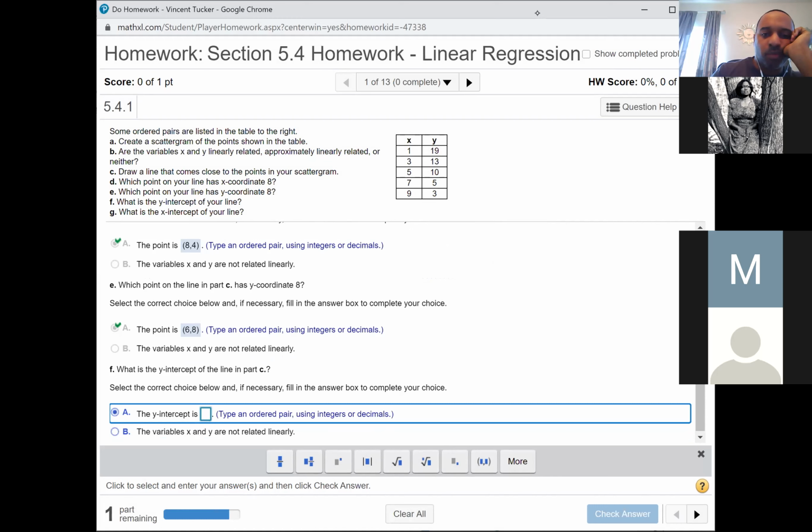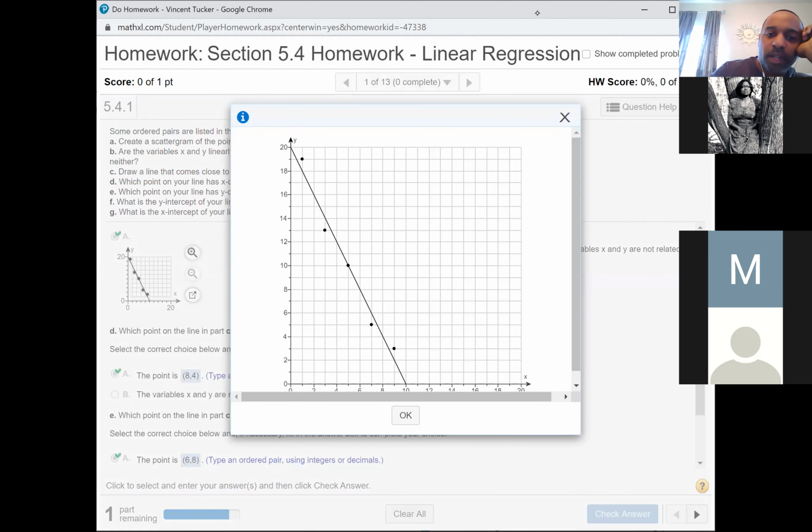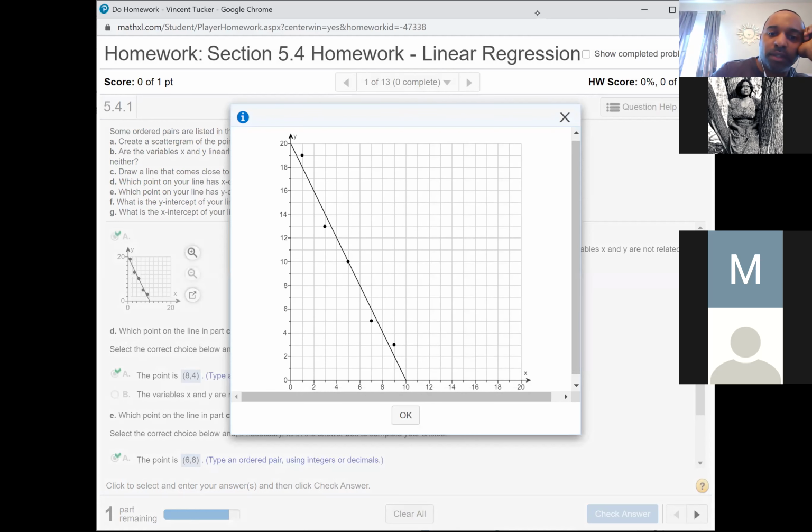All right, now they want the coordinates of your y-intercept. Don't forget, your y-intercept is when x is equal to 0. So go back to your graph. X is equal to 0 up here at 20. So that y-intercept is going to be 0, 20.